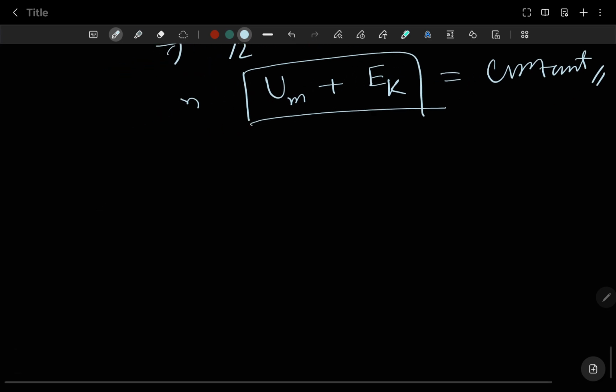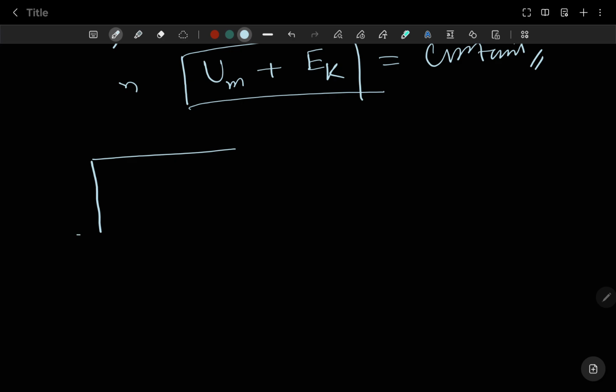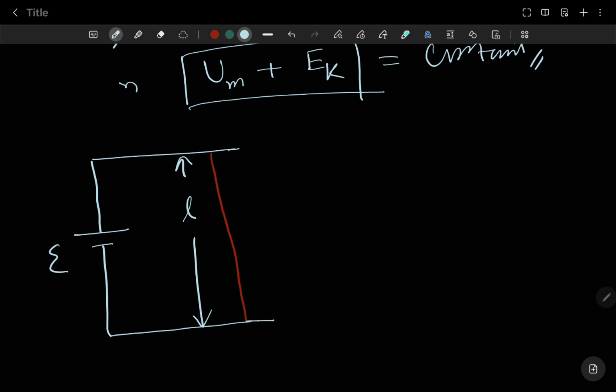If now the same type problem, if now a cell is connected of EMF epsilon and the conducting rod is moving. Okay, let the conducting rod has a resistance R. Okay, it has a length, say L, and it has a resistance R. Fine, clear.